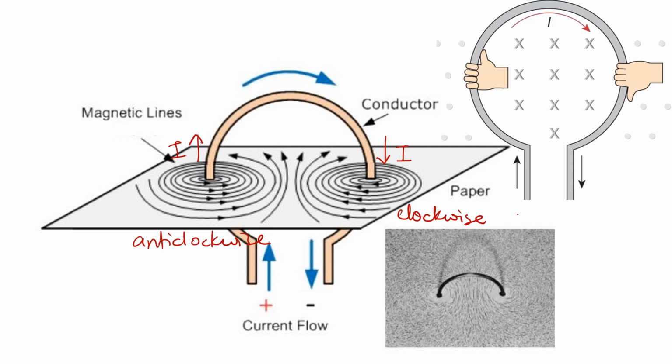If you put your circular loop facing in front of you like this, you need to use the symbol X to show the direction of magnetic field into the page. And then for the outer side of the loop, it will be the dot symbol to show that the direction of the magnetic field is out of the page.